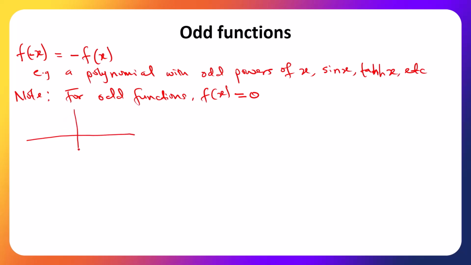We have this sketch, that is our f of x, and this is our x. So let's have something that passes through the origin like this. Let's say the interval is from minus a also to a here. Then we have the origin here.